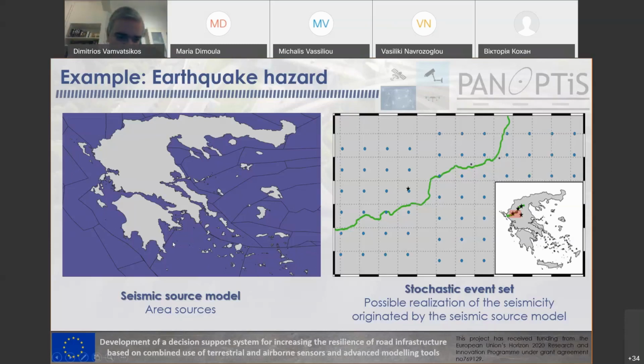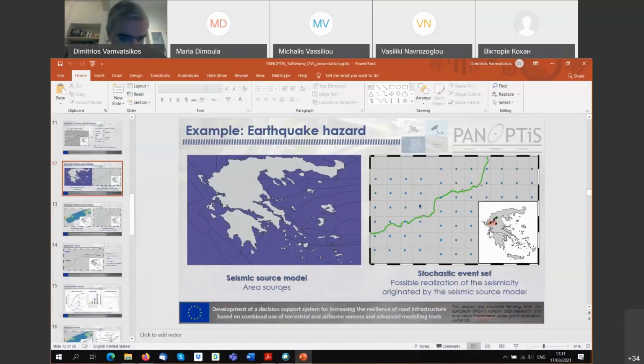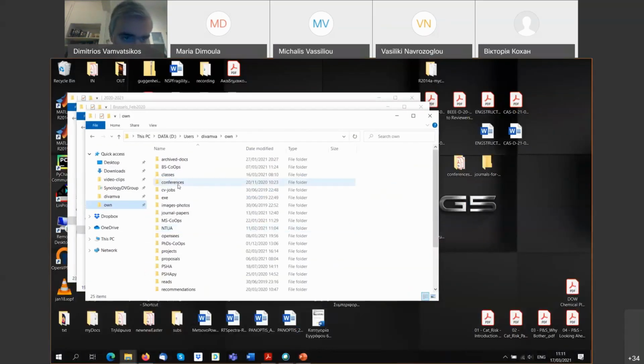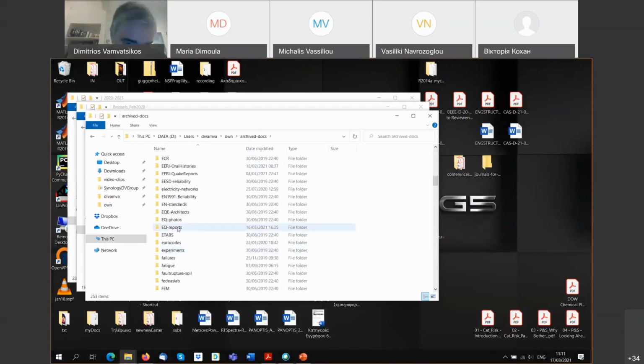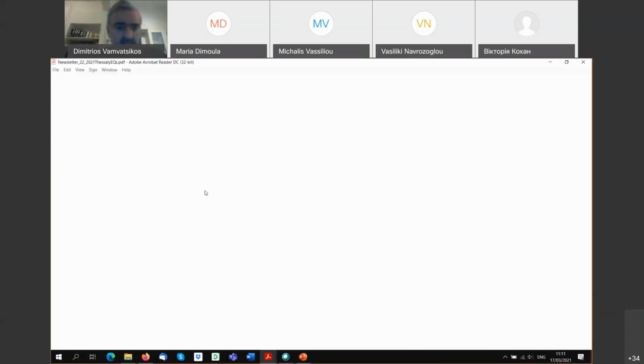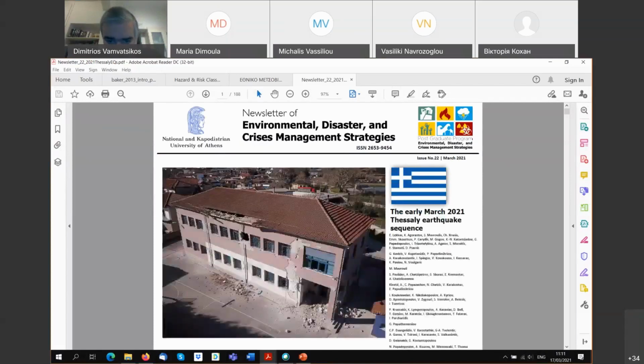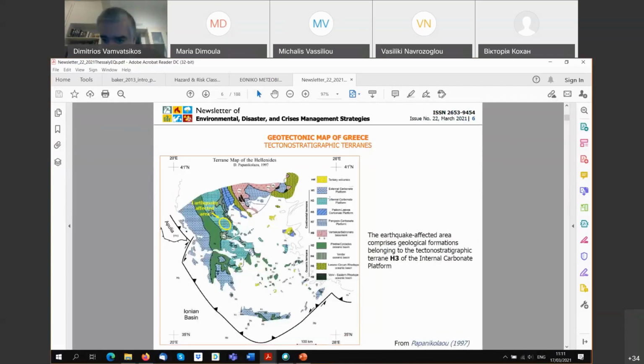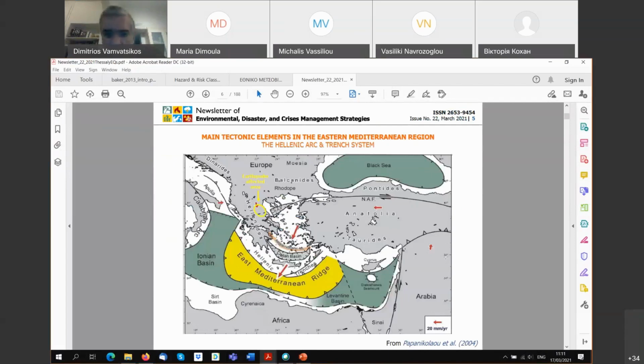Multiple area sources. Actually, I can show you a very nice report that came out very recently. It was an interesting question. If you're interested, there's a pretty nice discussion. That's not mine, but it is a contribution by, I believe, the University of Athens, the National Observatory, ITSAK, and others. It was regarding the Tyrnavos event.